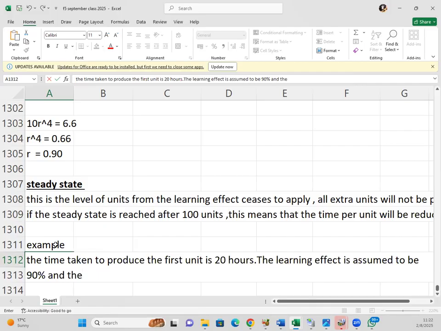And the steady state is reached after producing 50 units.